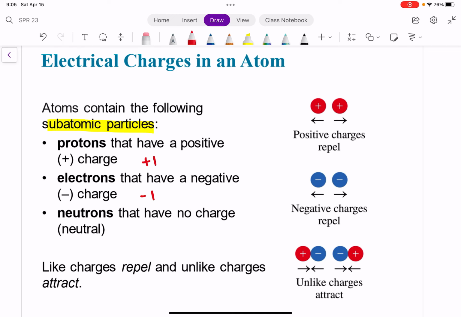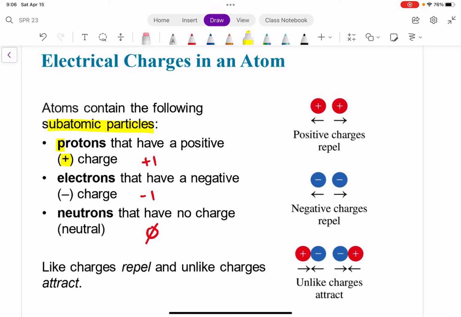Electrons have a negative charge, or more specifically a negative 1 charge. Again, it's not depicted here. We just show the plus and minus to assume that there's an imaginary 1 there. And then neutrons have no charge. They're neutral. They have no charge, okay? The way that some people like to memorize this is they think of proton starts with a P, and protons have a plus charge or positive charge.